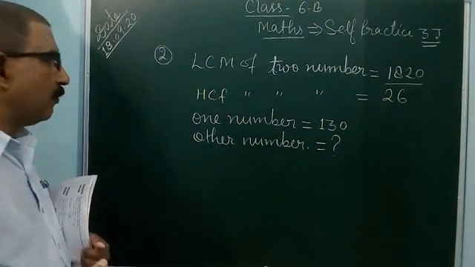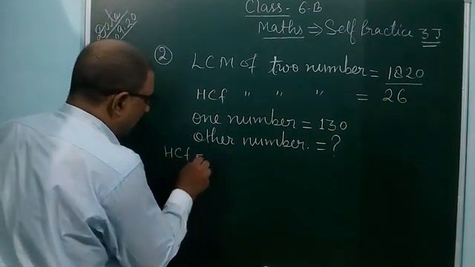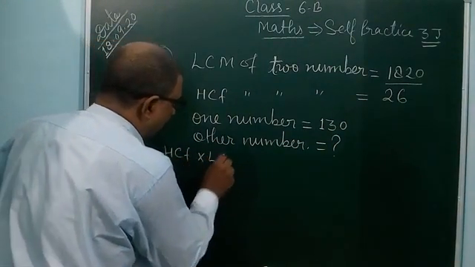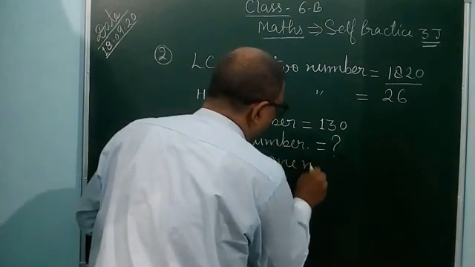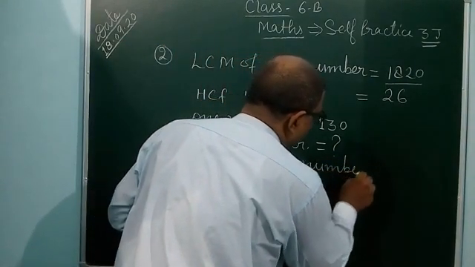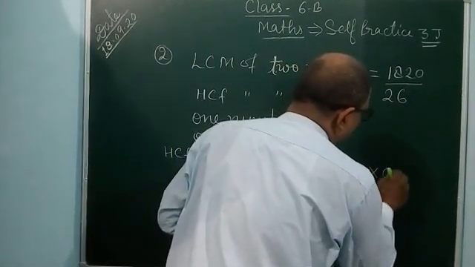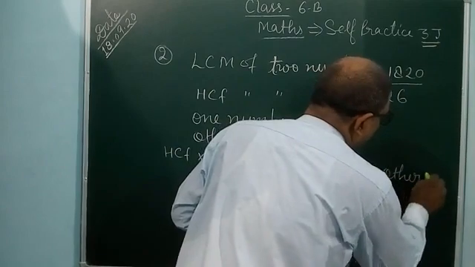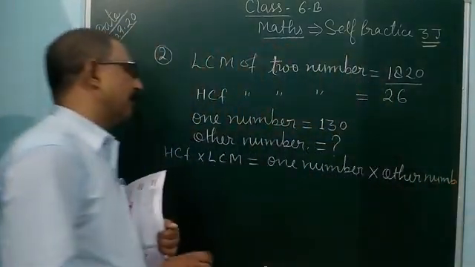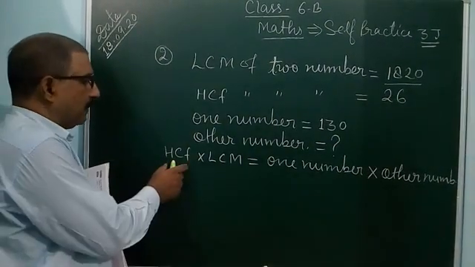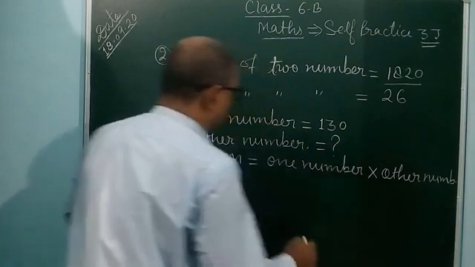So we have the formula: HCF multiplied by LCM is equal to one number multiplied by other number.